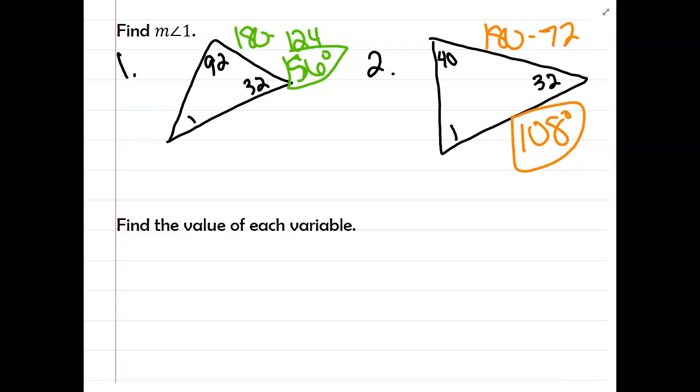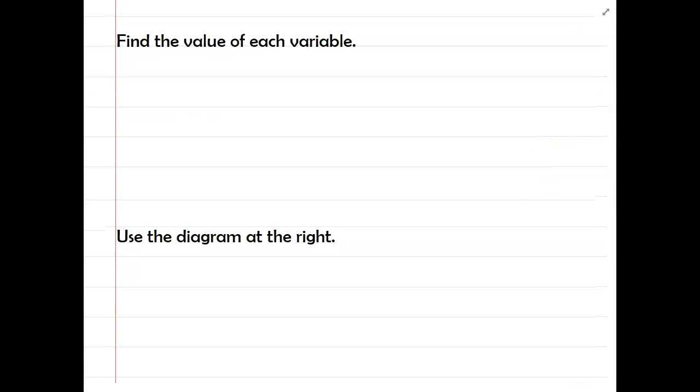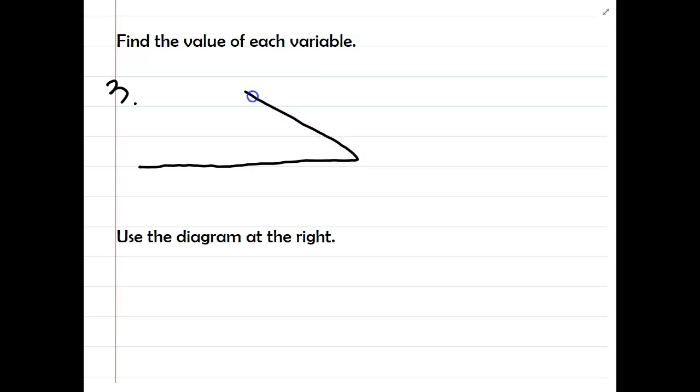Okay, so we're going to take that just maybe a step further. Maybe look at a picture with a little bit more to it. Okay, number 3. Let's draw a big wide triangle like this, and then it's going to have a line coming down.